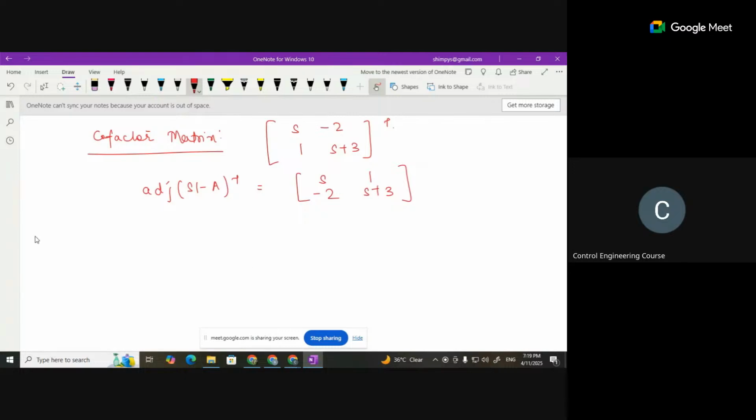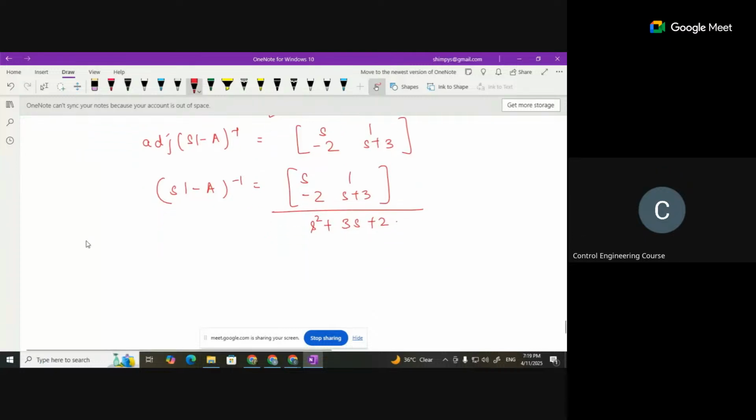So (sI - A) inverse is [s, 1; -2, s plus 3] divided by the determinant. How much does it come out to be? s square plus 3s plus 2.